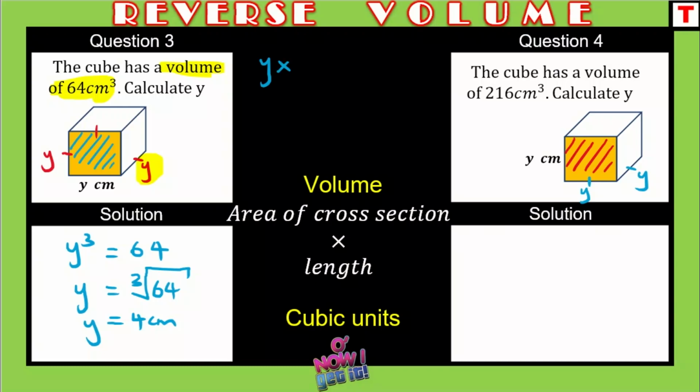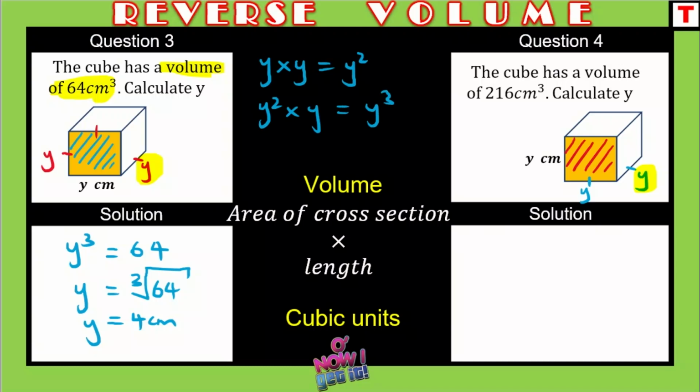So we have y multiplied by y, which is going to give us y squared. And then that's the area of the yellow section, or the cross section. And then we're going to be multiplying that area by how long the shape is. And the shape is y units, or y centimeters there. So we're going to now have y squared multiplied by y, which is going to give us y cubed.